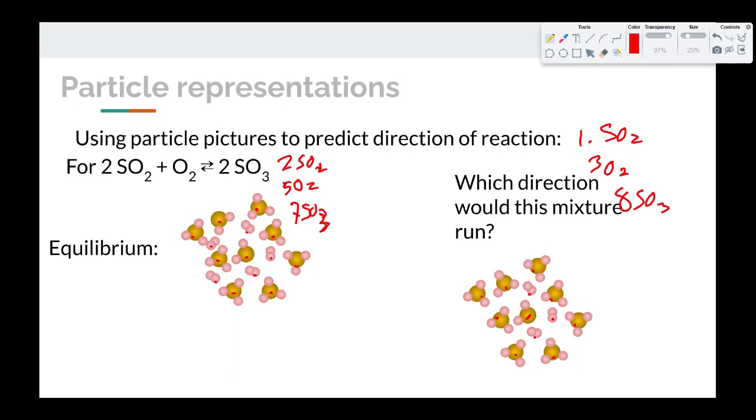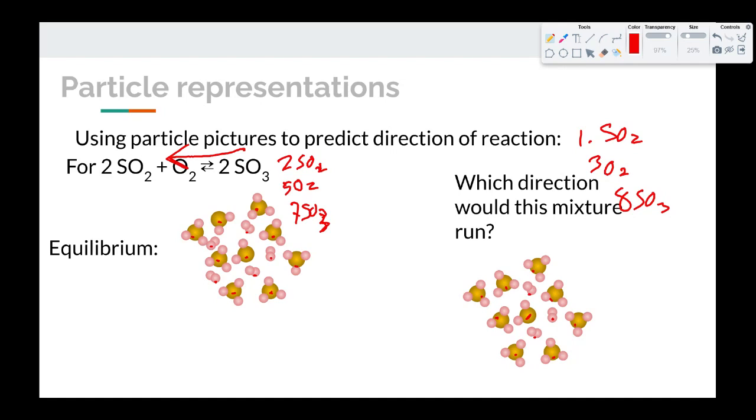In this case, we have more SO3 than we would have at equilibrium, 8 as opposed to 7. But we have fewer SO2s, 1 as opposed to 2, and O2s, 3 as opposed to 5, than we should have at equilibrium. So we need to use up some product and create more reactant to be at our equilibrium conditions. So this reaction is going to run to the left, and that will accomplish that objective.